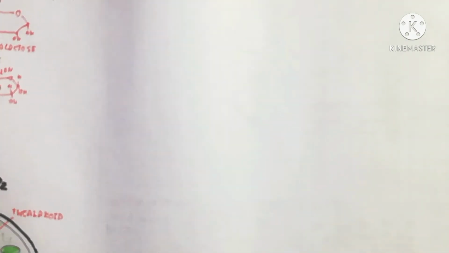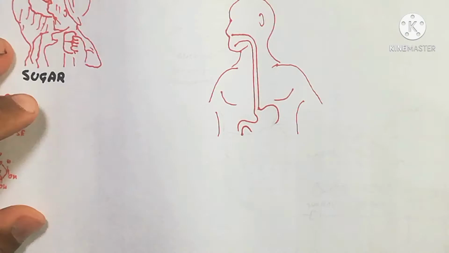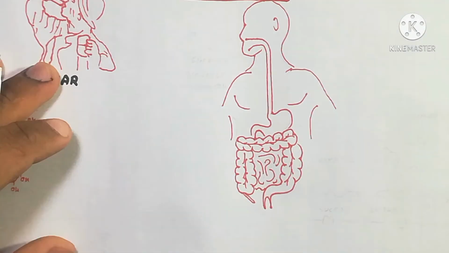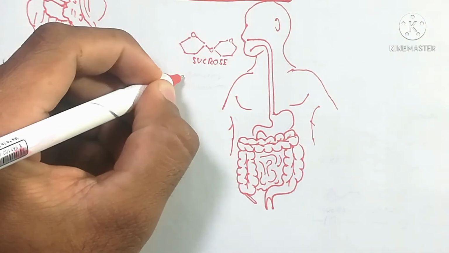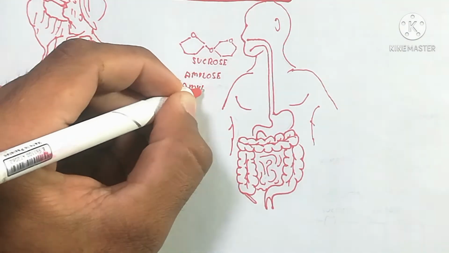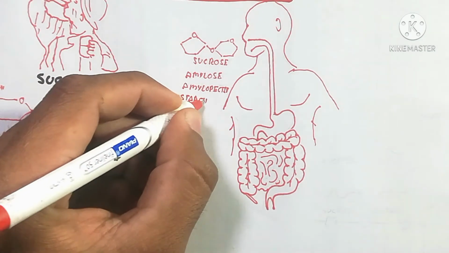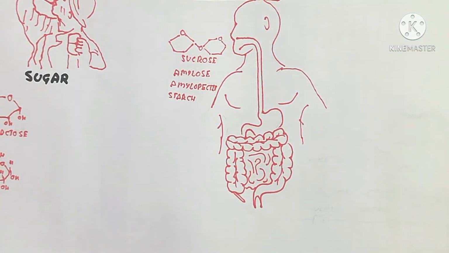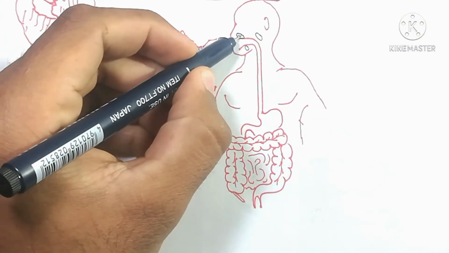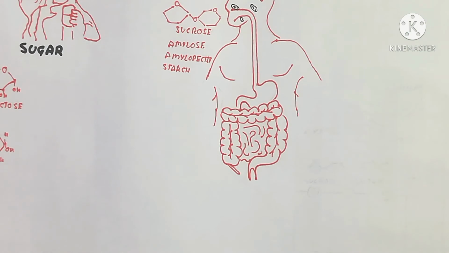So here I'll draw a person which contains a digestive system. For example, when sucrose, amylose, amylopectin or starch enter into our mouth, the oral cavity contains sodium bicarbonate. Sodium bicarbonate is secreted from the gland known as the salivary gland, which creates saliva and amylase enzyme.